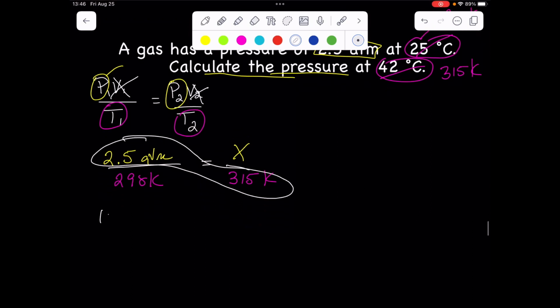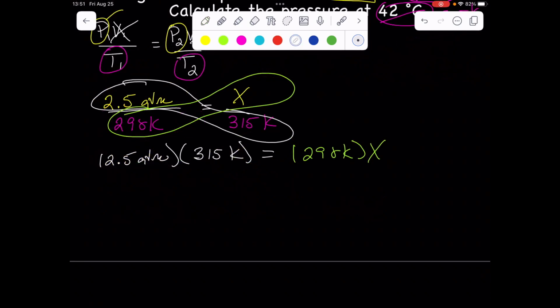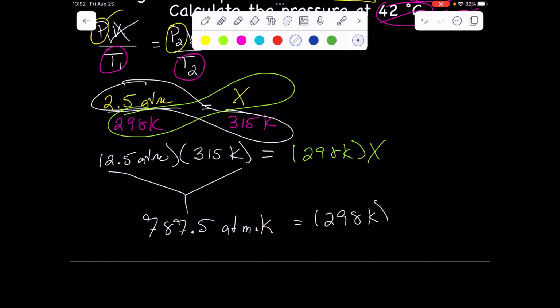So I'm going to have 2.5 atm times 315 K equals, cross multiplying the other way, 298 K times X. So now we just need to solve for X. I'll start by multiplying these two together, and if I did the calculations correctly, I got 787.5 atm K. And on this side, we still have 298 K times X.